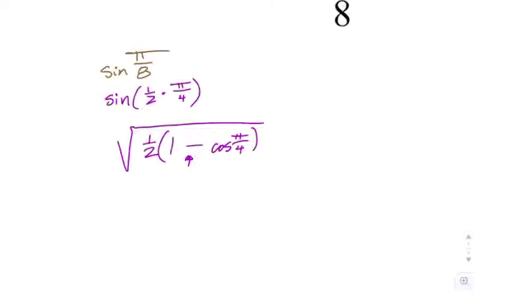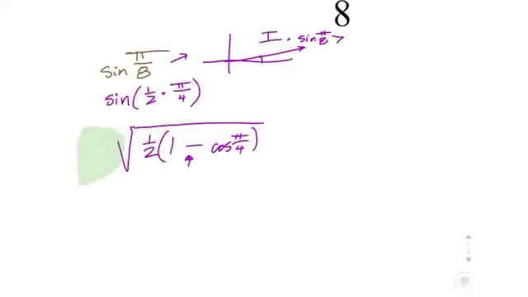A negative. Now, the sign out front, plus or minus, we need to figure that out. So think about pi eighths. In which quadrant does pi eighths live? Quadrant 1. It's like 22 and a half degrees. It is half of pi fourths. In quadrant 1, is sine of pi eighths positive or negative? Positive, right?